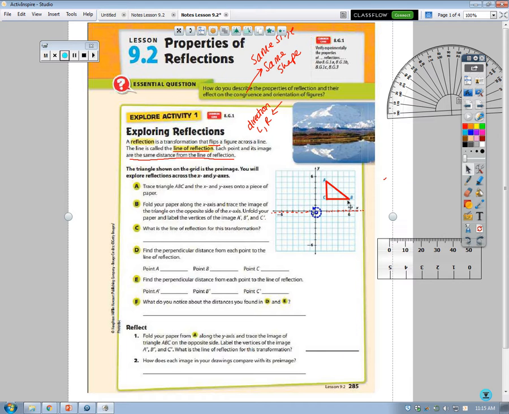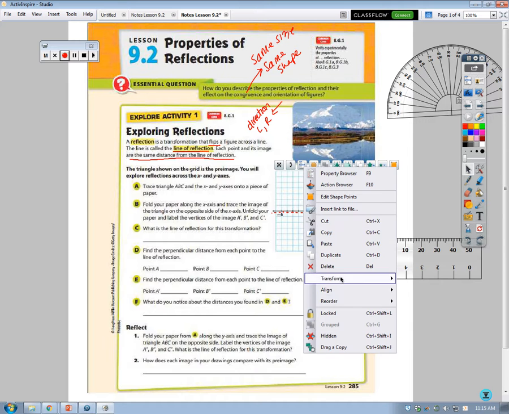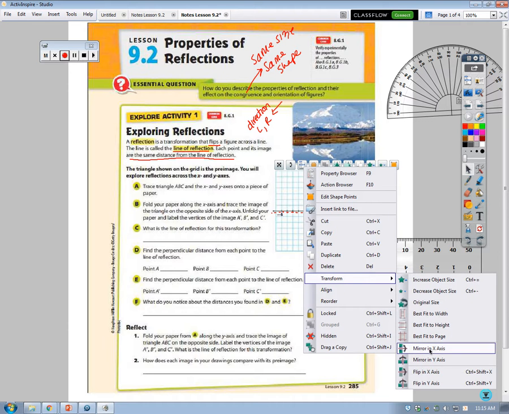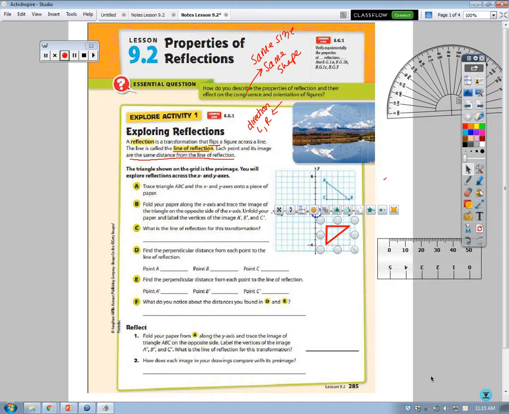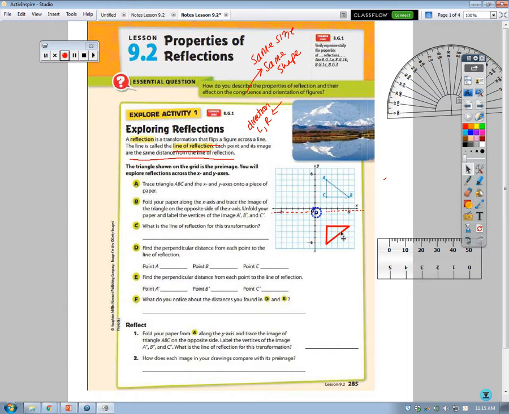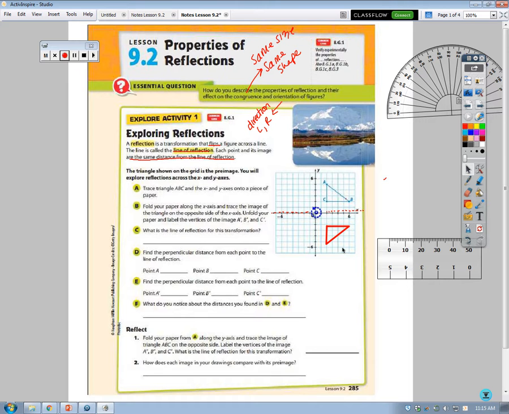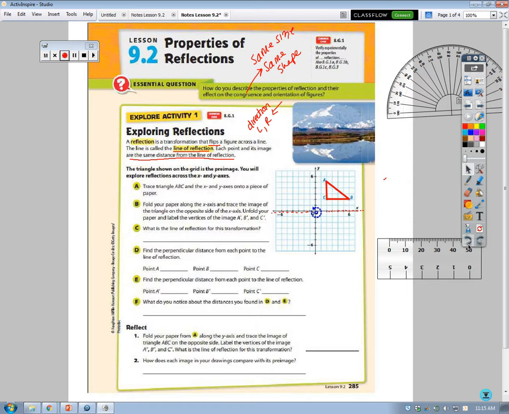Transform, flip on X-axis. Okay, so now I've got my new triangle here. It's been flipped on my X-axis, right? So from here across my X-axis, so let's take a look at that again. So here it is, and there it's flipped.